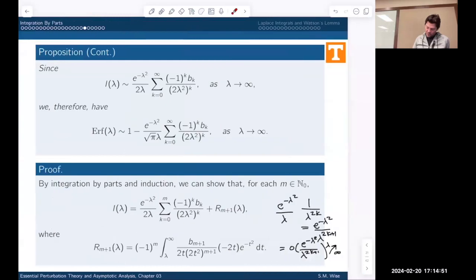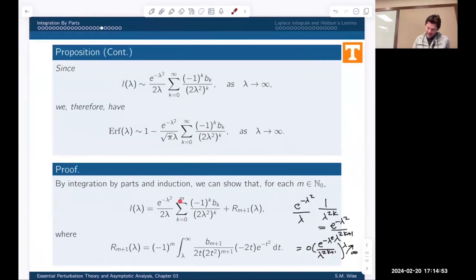Oh, I was wrong here, right? So the highest order term ends in an m, not a k. So that should have been an m. Okay, so the power on that guy should be lambda to the 2m plus 1.